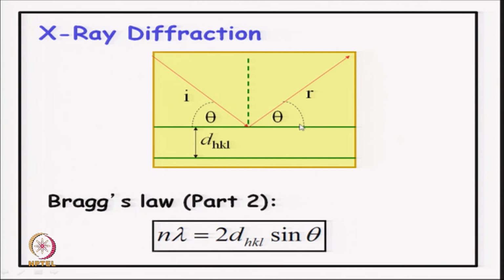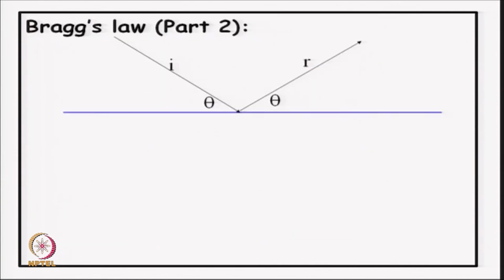As we have said, because of the specular reflection, the incident angle and the outgoing or reflection angle are all the same theta. So, n lambda equals 2 d_hkl sin theta is the second part of Bragg's law. This can be proved very simply, it is not very difficult to prove. So, we take up this proof here.